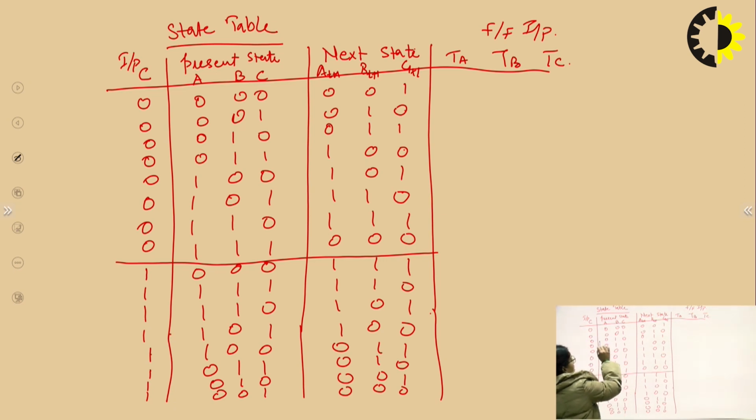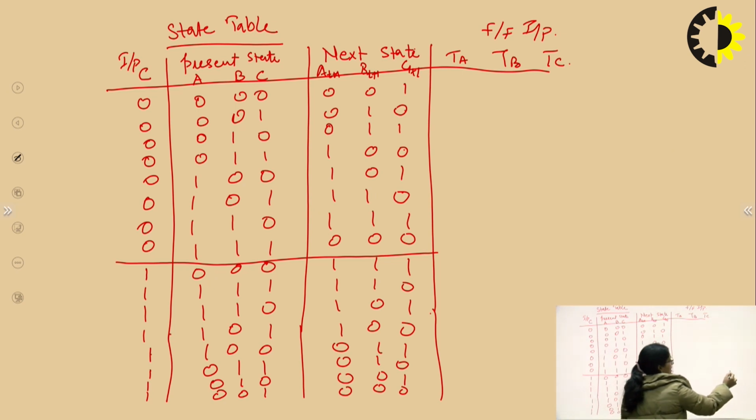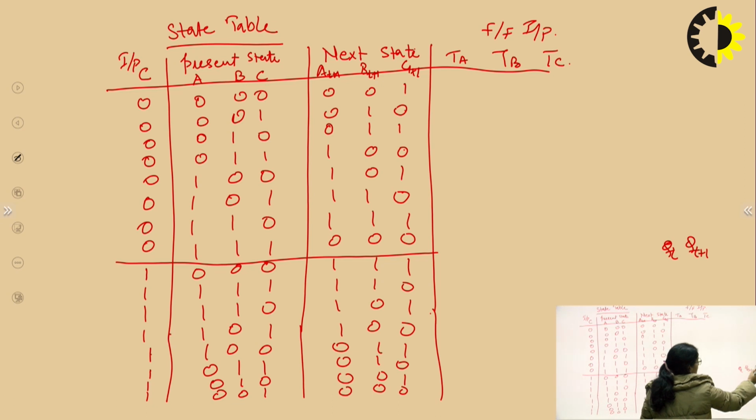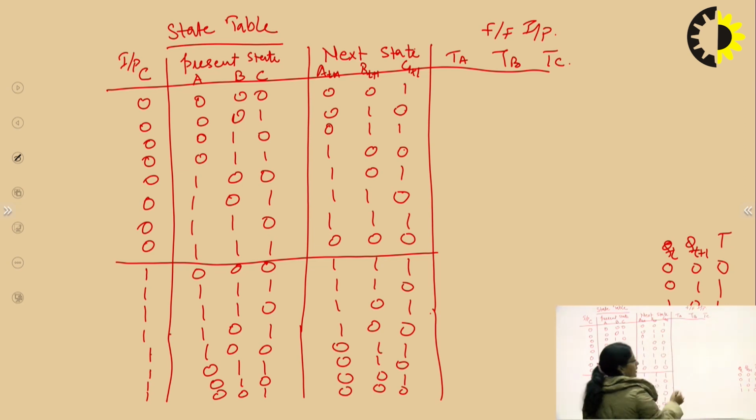The excitation table for the T flip-flop is Q(t), Q(t+1), T: if it is 0 0, T is 0; 0 1, T is 1; 1 0, T is 1; 1 1, T is 0. Referring to this table, we find the values of TA and TB.